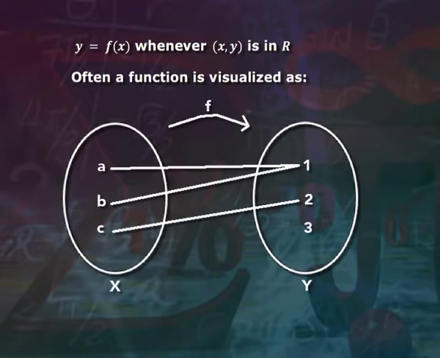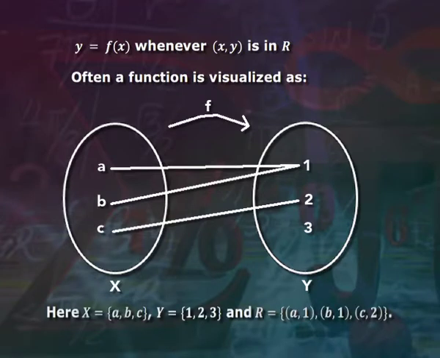In this case, we write y is equal to f(x) whenever (x, y) is in R. Often a function is visualized as, here X is equal to the set {a, b, c}, Y is equal to the set {1, 2, 3}, and R is equal to the set consisting of ordered pairs (a, 1), (b, 1) and (c, 2).